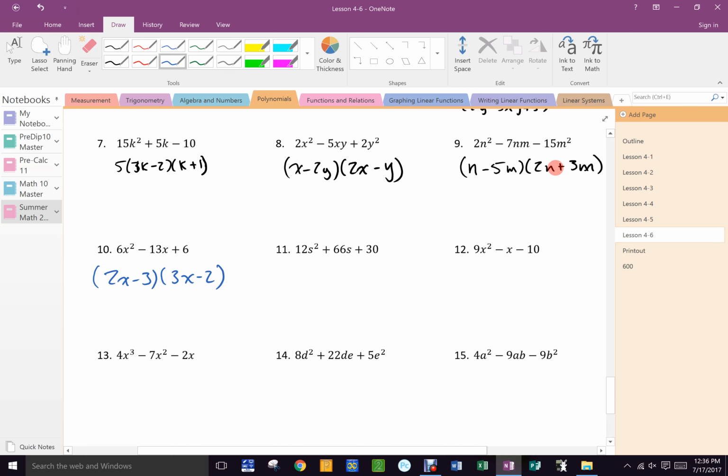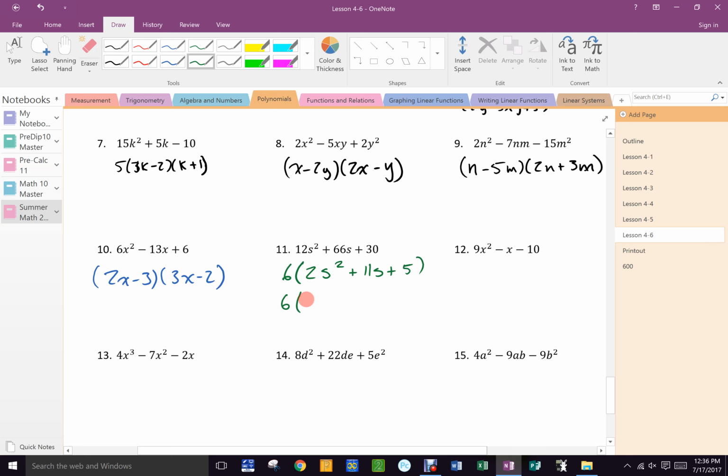Okay. If you haven't been paying attention, you're going to have done number 12 wrong. What do you got to do first? GCF, as always. So what is it? 6. And then 2s squared plus... And then we fix that up to get what?